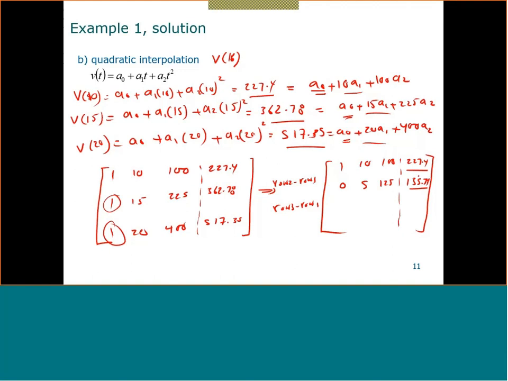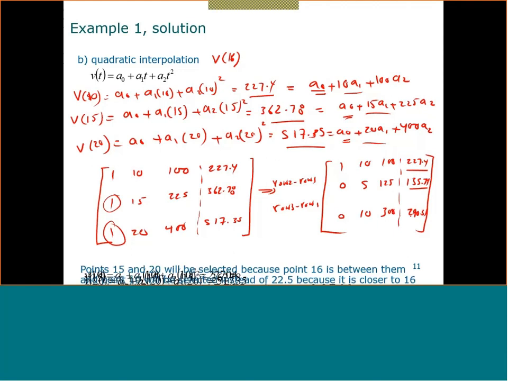So this becomes 0, 10, and 300, and this is equal to 290.31. The reason I'm solving this in detail is because I think it's a good exercise, and I don't have it solved in the notes so that you can go and practice this.